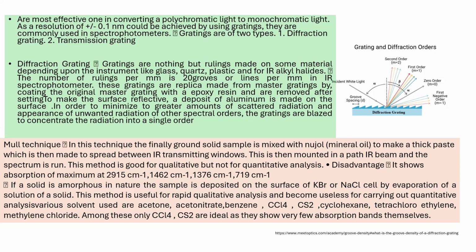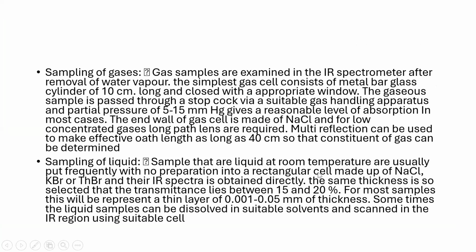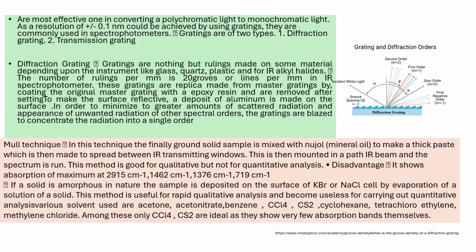Once it is evaporated, the solid material, maybe in amorphous form, will remain on the surface of this KBr or NaCl cell. Of course, when I say the solvent has to evaporate, it should be an organic solvent, maybe CCl4, I'm sorry, or maybe cyclohexane, benzene, or acetone, which are organic solvents that evaporate easily.